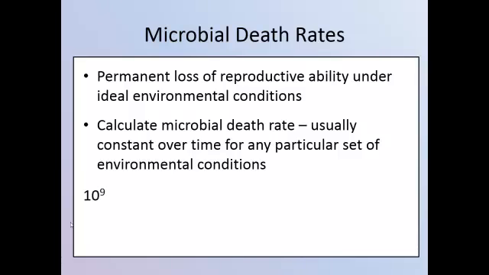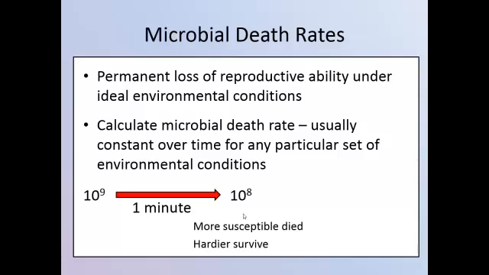We're going to keep everything the same, and we're just going to look at the different microbes dying over time. Say I start out with 1 billion organisms. After 1 minute, if I have 10 to the 8th, or 100 million, then I've had a 1 log reduction over that 1 minute. So for that particular microbe, I have a 1 log reduction death rate for whatever I'm using. Now, the more susceptible organisms have died, the hardier have survived.